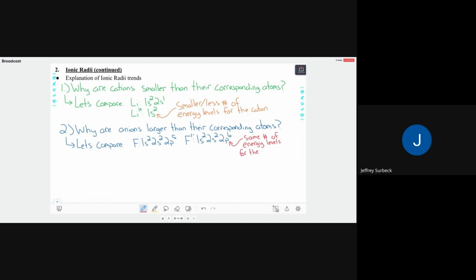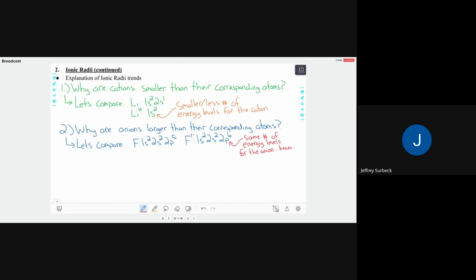So you might be wondering, what really is our explanation for why this ion is larger than its corresponding uncharged atom?